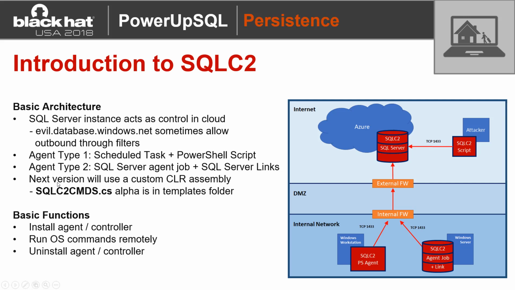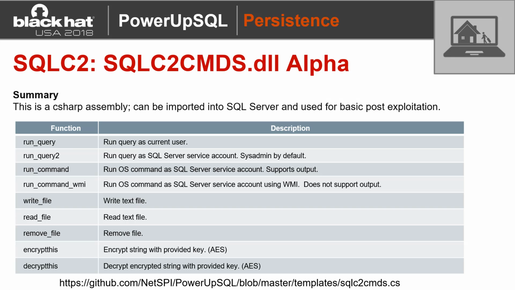I am eventually going to be moving towards a custom CLR as opposed to simple command running, so there'll hopefully be a C# kit. The alpha version I released for Blackhat just has some basic stuff in it. The ability to run a query as the current user, or, if you install it right, run it as the service account, so basically run as a sysadmin on the fly.